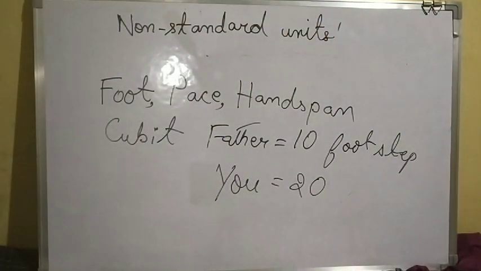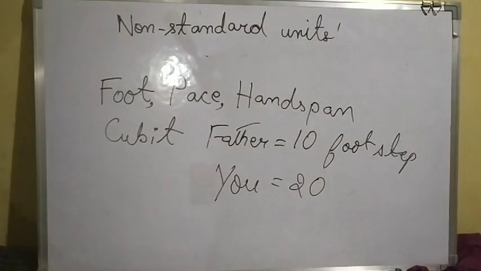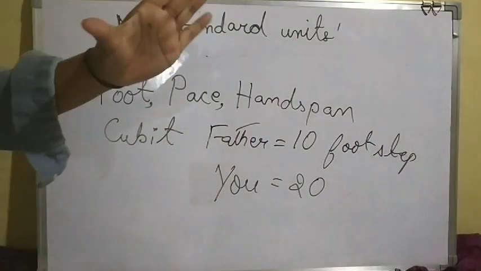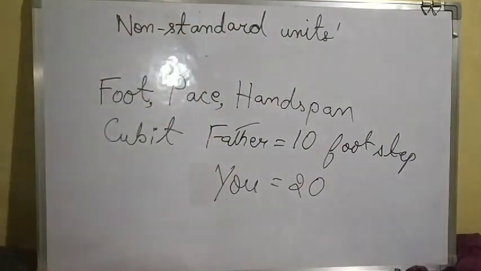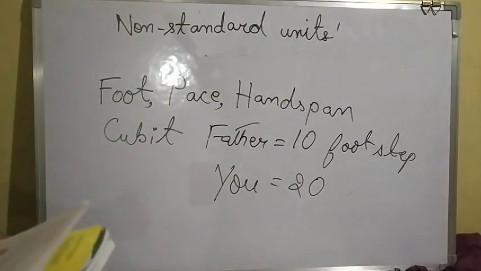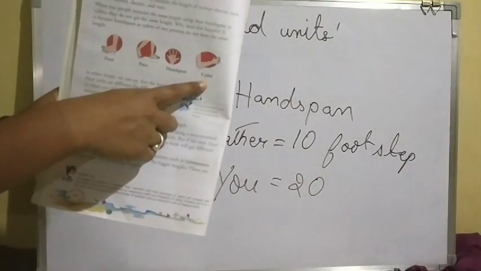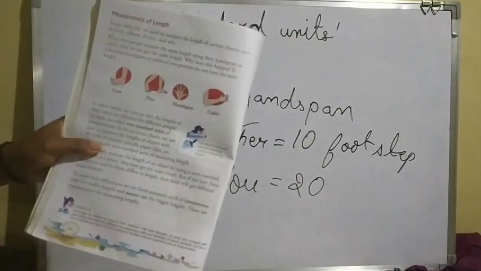units. Okay, so when two people measure the same length using their handspan or cubits, they do not get the same length.